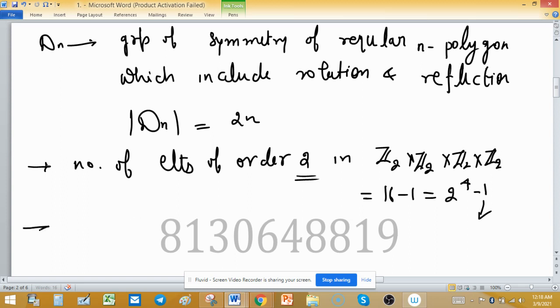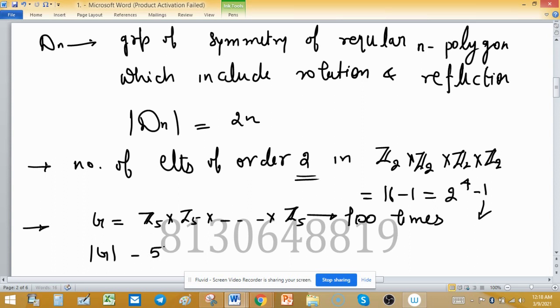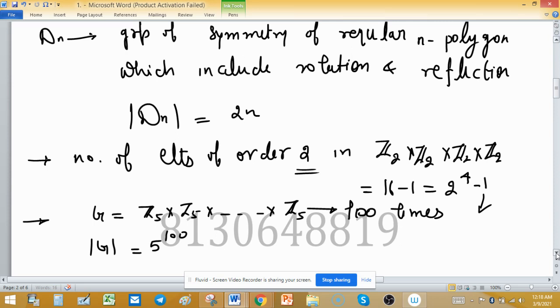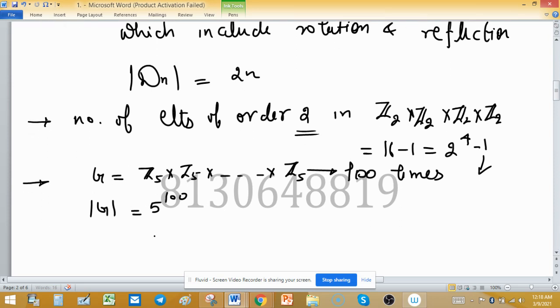If the question is about G = Z_5 x Z_5 x ... x Z_5, suppose 100 times, then the order of G is 5^100, and the number of elements of order 1 is unique, the identity.